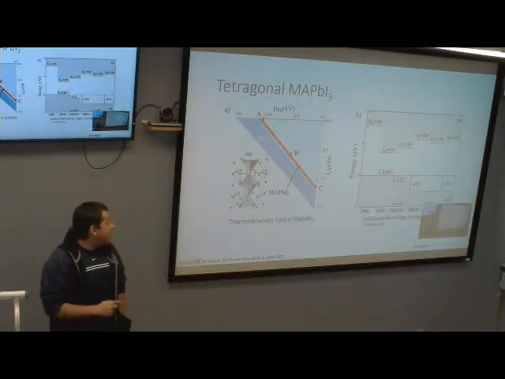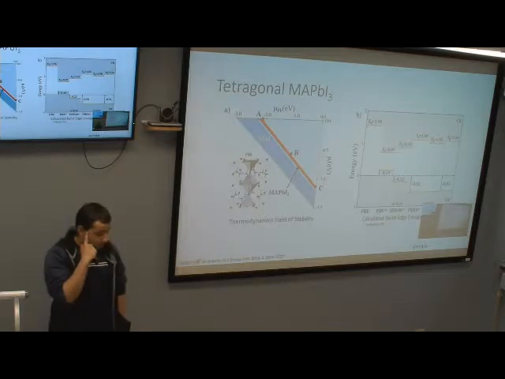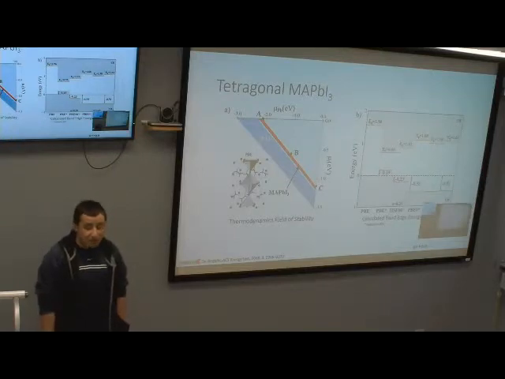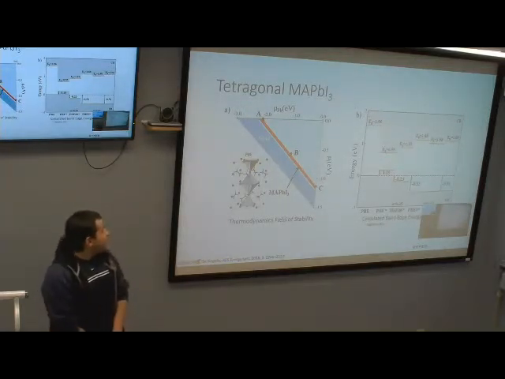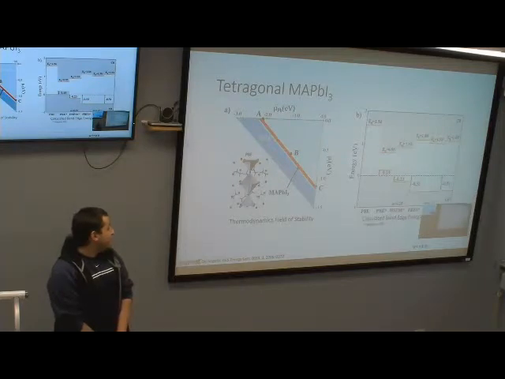so they used a method that's called PBE. It is an upgrade, a step up from the most basic method that most people usually know as Hartree-Fock. But besides the point of that, there was a DFT study done on the thermodynamics field of stability. So the methylammonium lead iodide was found out to be stable.